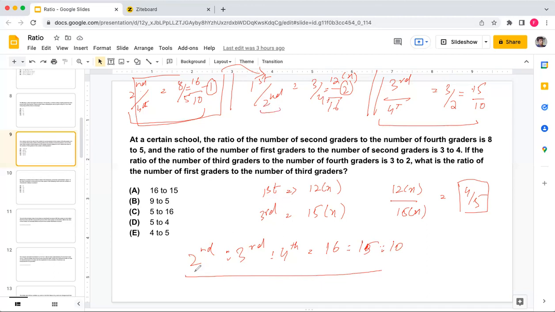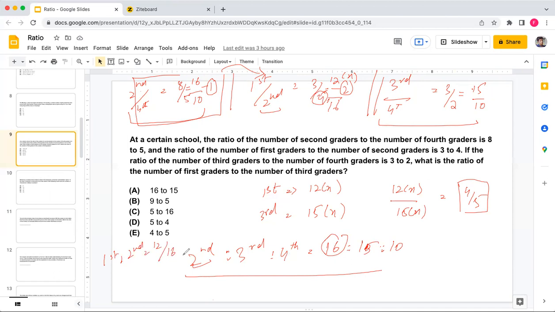That is 2, right? And we have 16 here, but we have 4 here. How can I make 16? I multiply that with 4, so I am multiplying denominator and numerator with 4. This will become 12/16. Now the first ratio second is equal to 12/16.